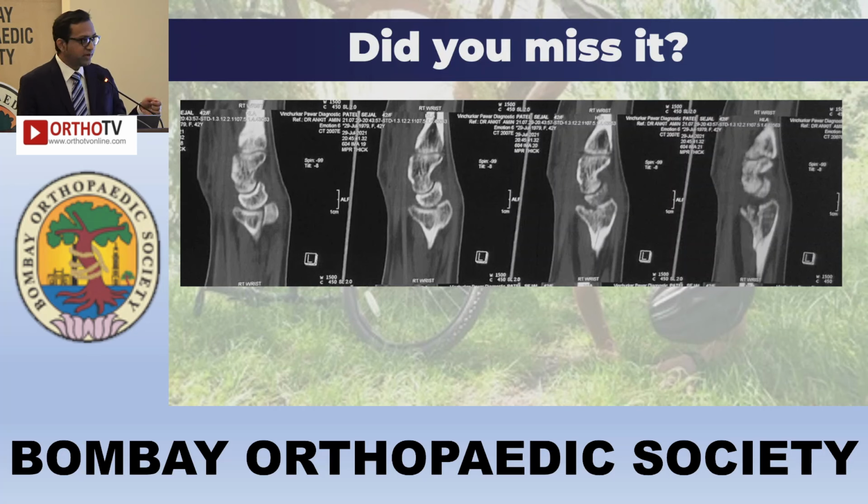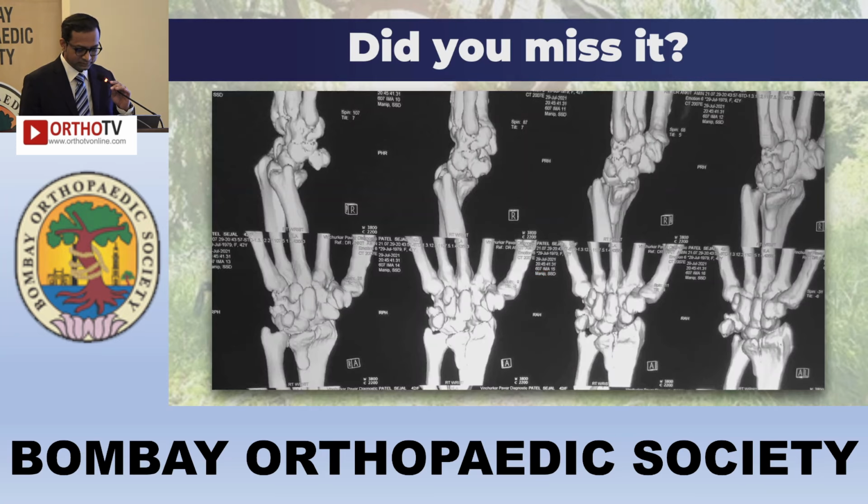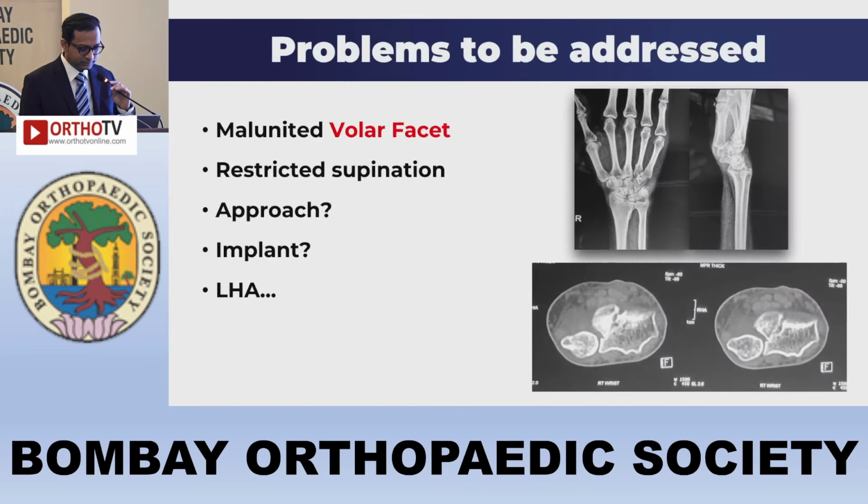Lunate facet has gone down and malunited. So how to proceed? Whether to offer a surgery or should we leave her alone? And if at all surgery, then what approach, what implant? And it's 10 weeks duration from the injury now.